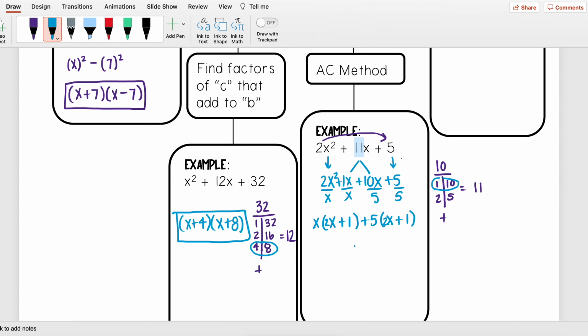And then I bring my 2 GCFs into their own parentheses, and then I have 2x plus 1. And so we see the reason why we can't do our shortcut here is because of this 2 that needs to be with this x. Our shortcut only works when they're both going to be x in that first part.